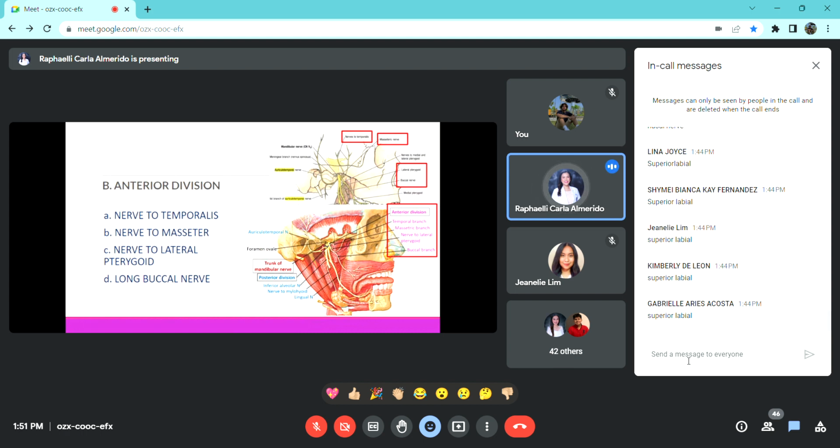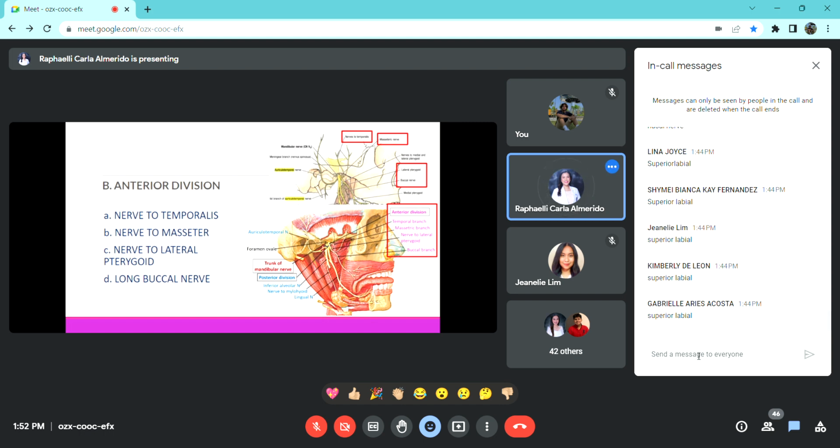For the divided nerves, we have the anterior and posterior division. For the anterior division, we have the nerve to the temporalis muscle, nerve to masseter muscle, nerve to lateral pterygoid, and the long buccal nerve.